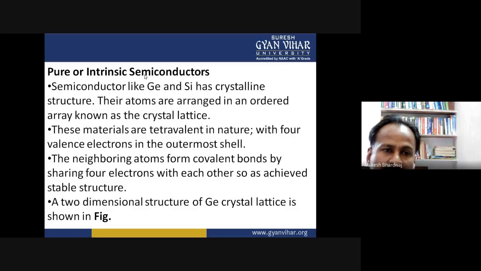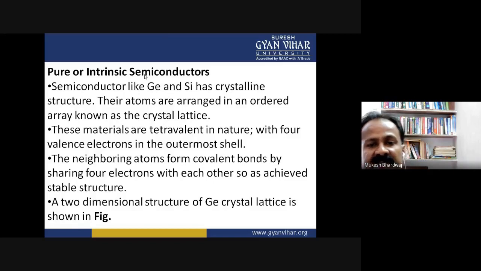Next, pure or intrinsic semiconductors. A semiconductor like germanium and silicon has a crystalline structure. As we observe the periodic table, the atoms arranged in the third group, fourth group, and fifth group are of crystalline structure, and the fourth group element has a purely crystalline structure.